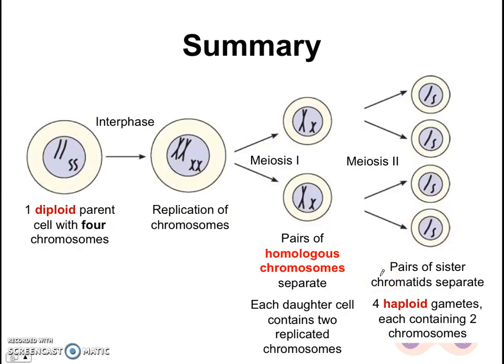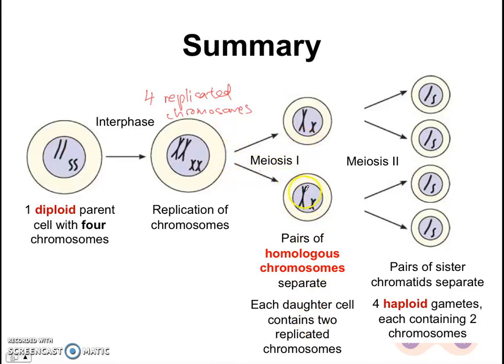So in summary, here's what happens in meiosis. Right, we start with a parent cell with a diploid number of chromosomes. So in this example, that's 4. Right, the chromosomes will replicate themselves. So here in this cell, we end up with 4 replicated chromosomes. Then during meiosis I, the pairs of homologous chromosomes will separate.